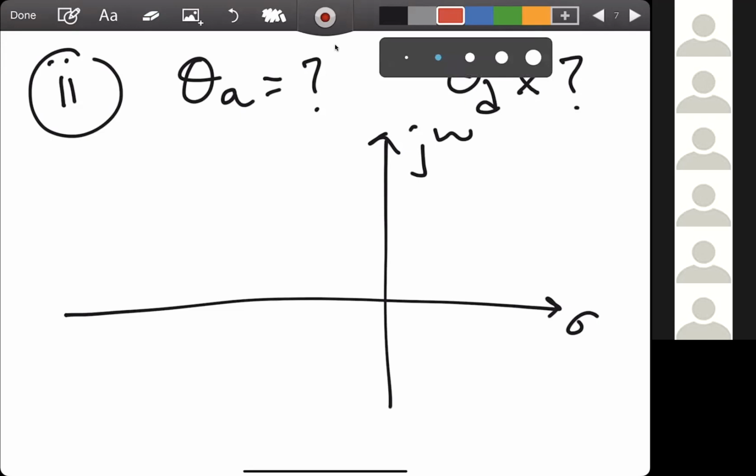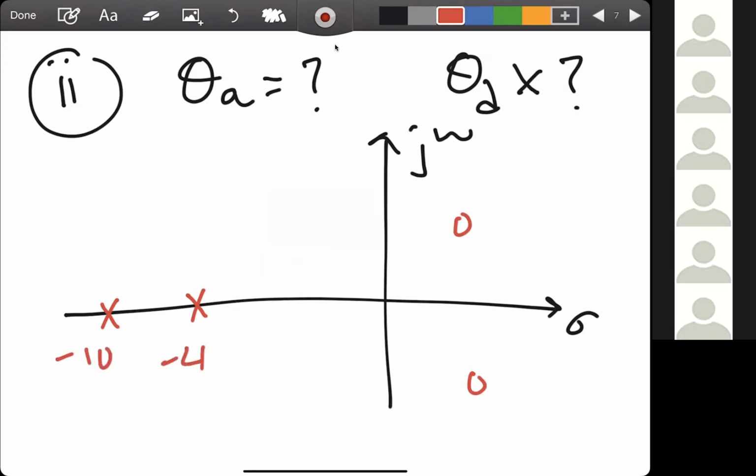Why we have to calculate theta arrival? Why not theta departure? Theta is for pole? Theta arrival is for poles.